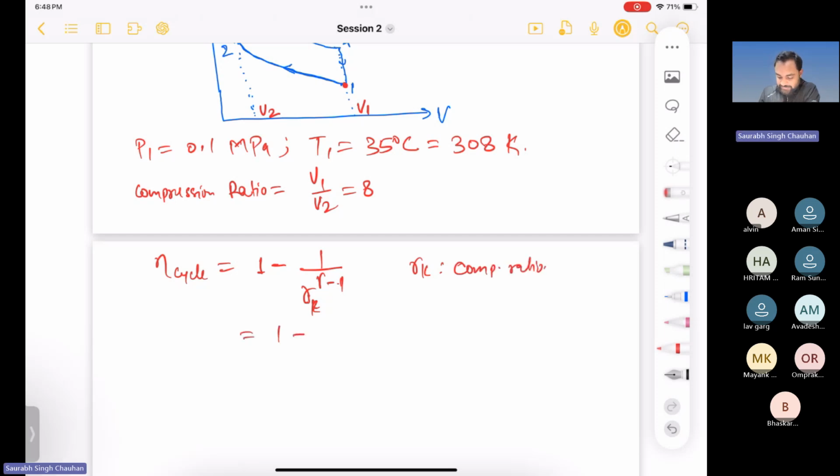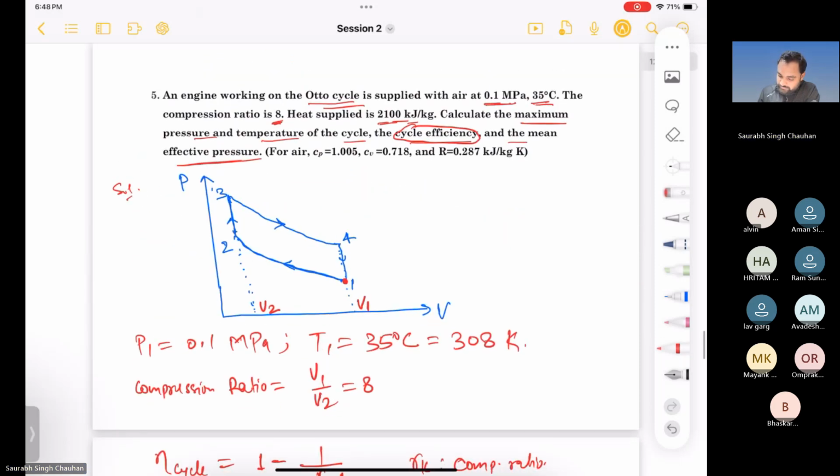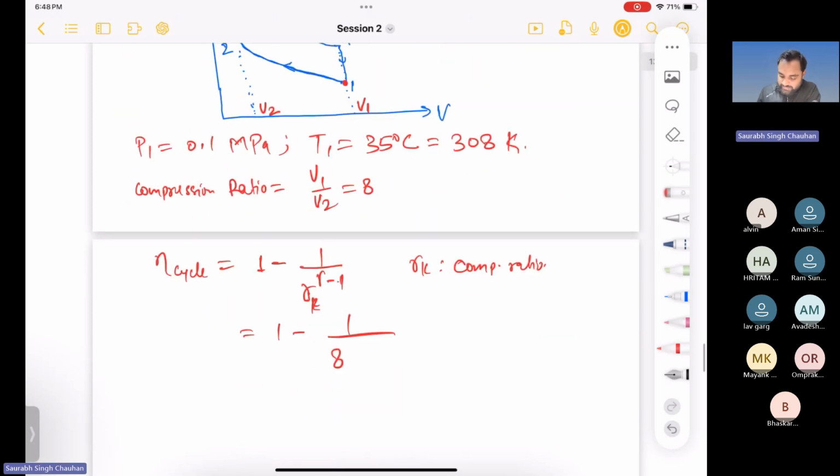So we can just substitute the values. 1 minus 1 by 8 to the power gamma minus 1. So gamma is Cp by Cv, so 1.4. So 1.4 minus 1, and you can calculate this value.